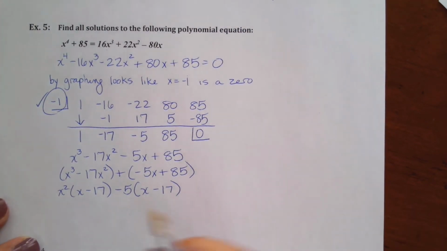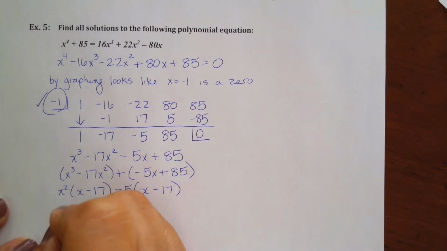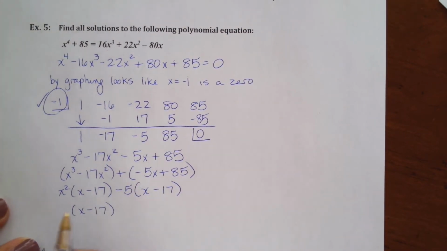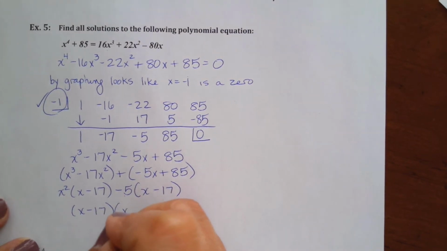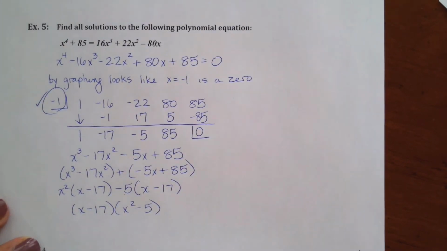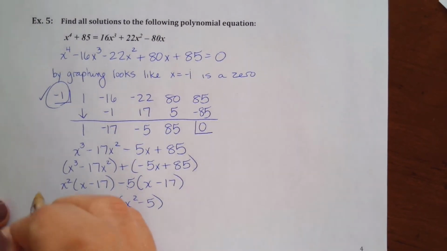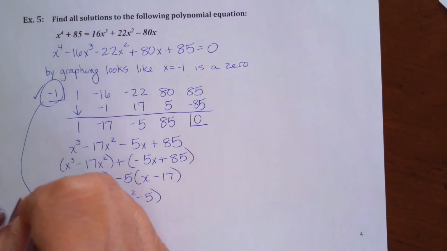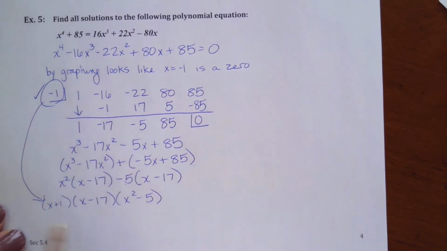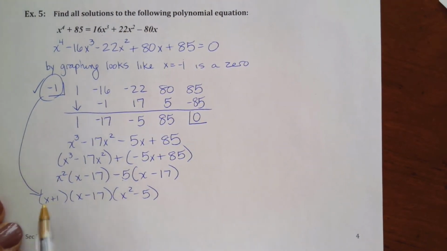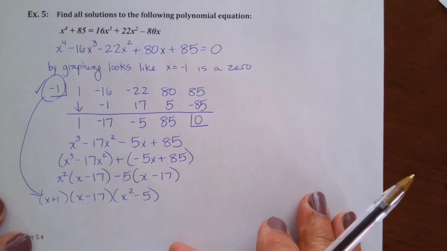So remember, we're grouping, so this is one of your factors. And then this gets grouped together, so x squared minus 5. All right, now remember, we already had the -1, so that would have been x plus 1, right? That was one of my roots, so that's part of it. Didn't ask you to factor, but I'm just showing you.